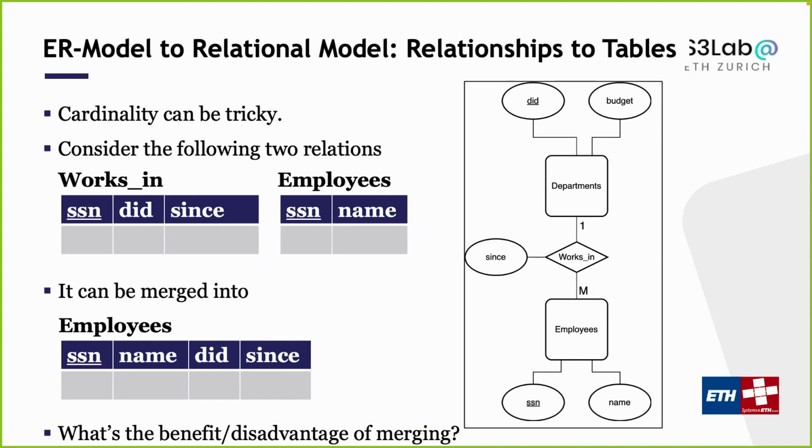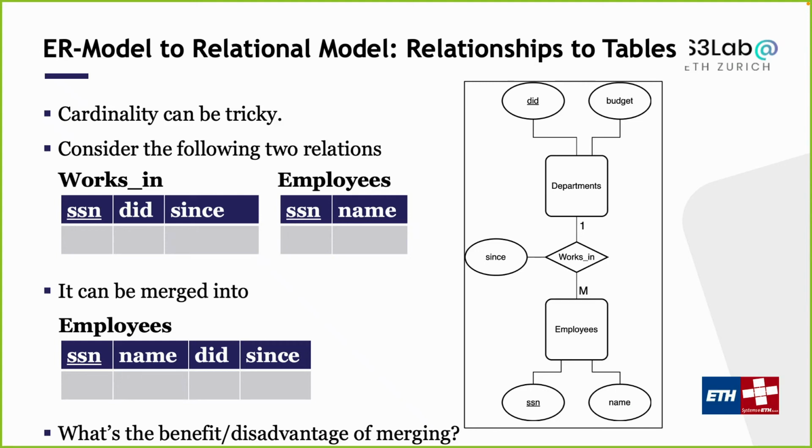What could be the disadvantage of merging them, right? If you have a bunch of employees that aren't assigned to a department yet. Yeah, exactly. When you have a lot of employees who do not have a department, right? So what can you do in the second case? You are going to have a whole bunch of null values there because I don't know the department, right?